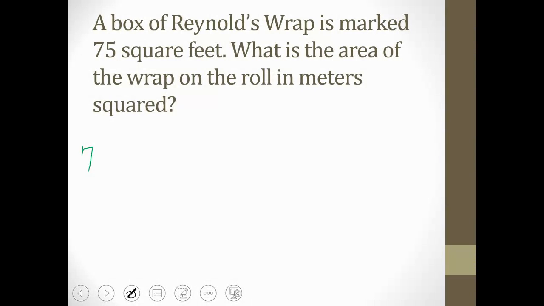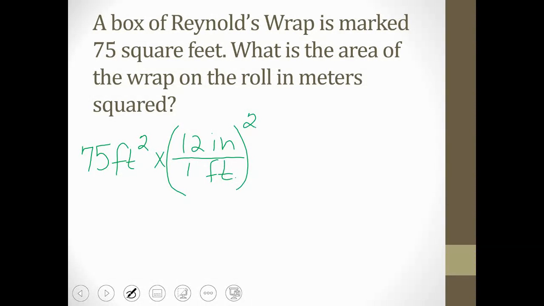So again, I'm going to just start with a number I'm given, but this is square feet, so this is feet squared. And what you want to do is just set up your factor like you would if you were going from feet to inches, and then we'll go from inches to centimeters and centimeters to meters. But when you set this up, we know a foot is 12 inches, you have to square this factor.